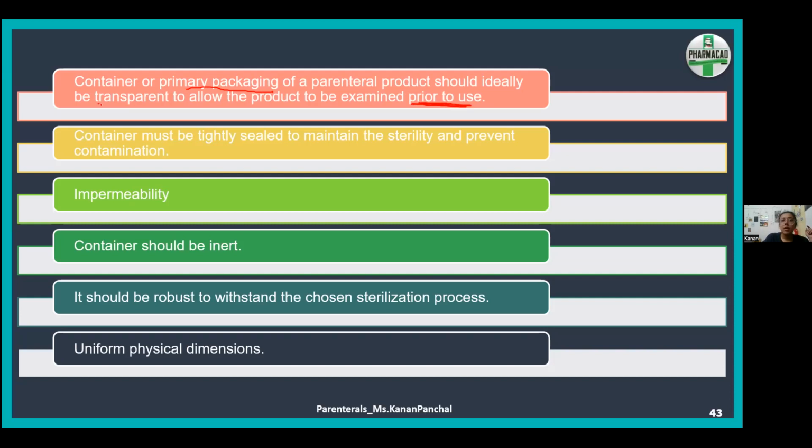If it's not photolytic, keep it transparent. In quality check you will check for particulate matter and all that, but even the user, the nurse, or someone administering it at home, can check if it is transparent. Amber color makes this difficult, obviously, right? So this is about it being transparent.